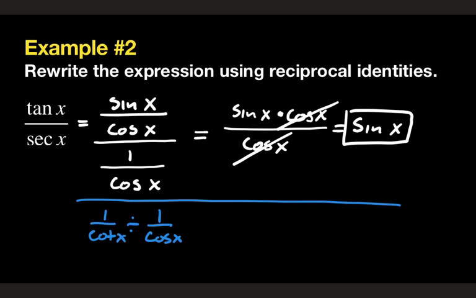And because we have different terms, we're going to end up with cosine x divided by cotangent x, and then now you will have to put it back into sine and cosine terms, and that will give you cosine x over cosine x sine x.